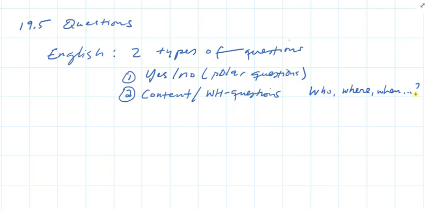I'm just filling in that constituent slot with any content that would be appropriate as an answer. Where do we learn Hebrew? The answers could be Houston, Kansas City, Jupiter, and so forth. So with content questions in English, we're usually using WH forms of interrogatives, okay?